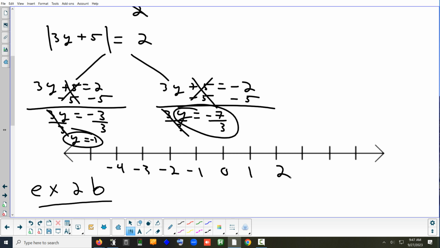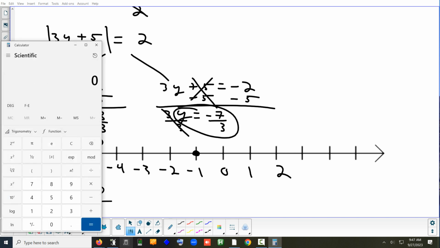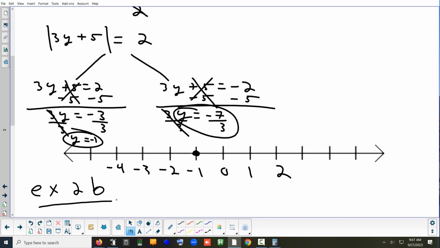Okay, so here's my number line. Well, -1, that one's easy. Just put a dot on -1. And then to figure out where negative 7/3 is, we can just use the calculator and do 7/3, and it's negative. So it's negative 2.3.